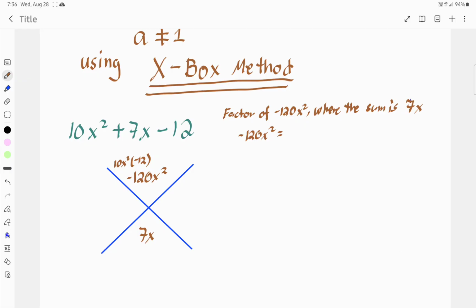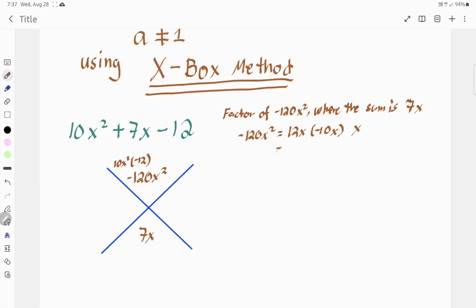For this example, I have 12x times negative 10x. I'm sure the greater absolute value is 12 compared to negative 10. However, when you add 12x and negative 10x, the answer is 2x, so this is not the factor that we are seeking.